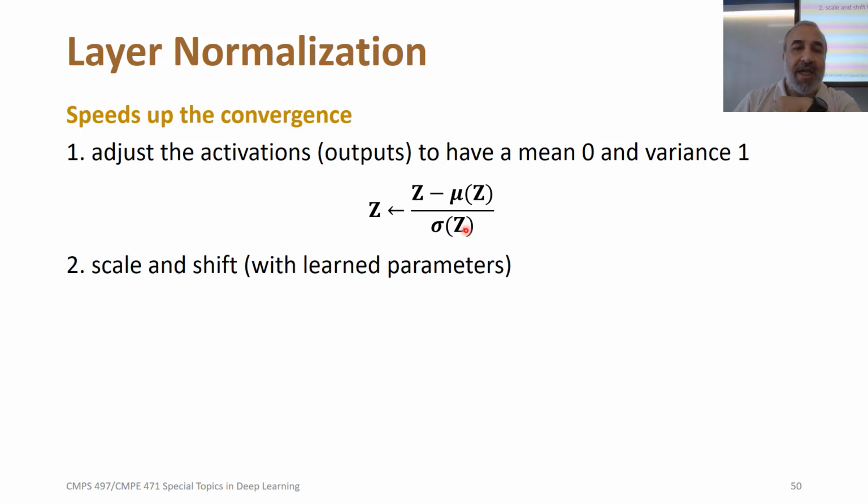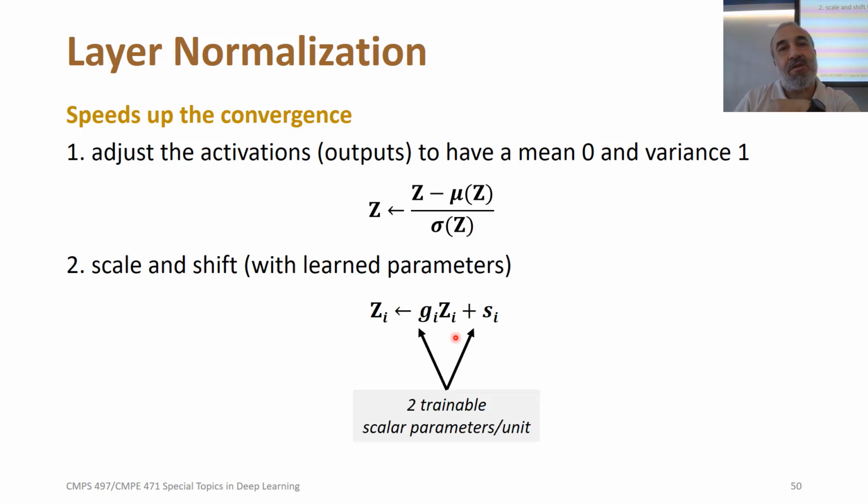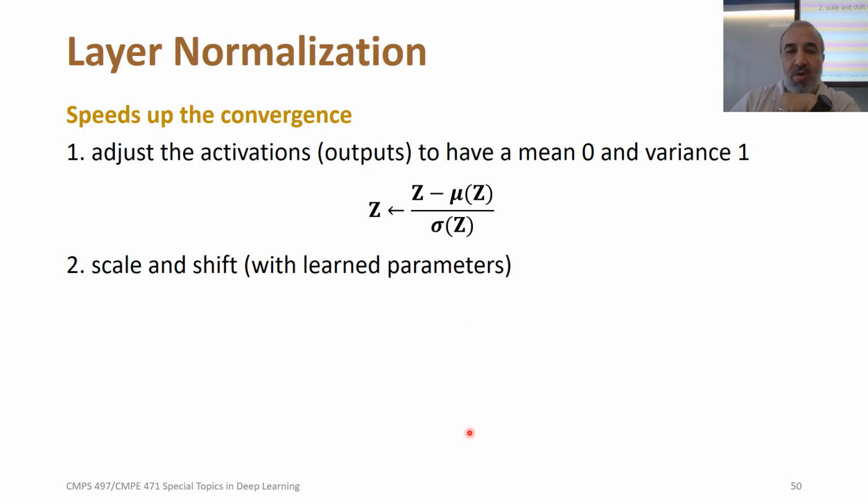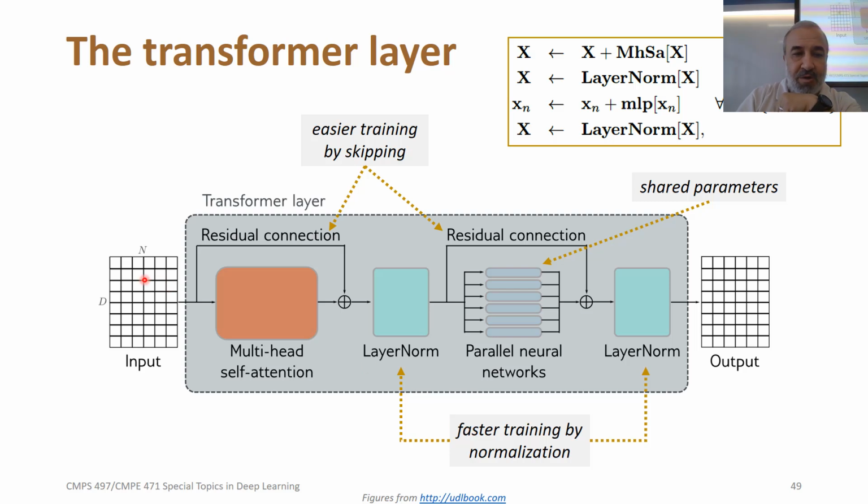Then each value will be scaled and shifted: each single value is multiplied by a parameter and added to another parameter. So these are two trainable scalar parameters for every unit, every value of the output vector. We started with a matrix, here we have another matrix of the same size.